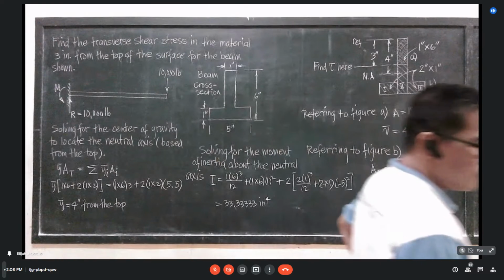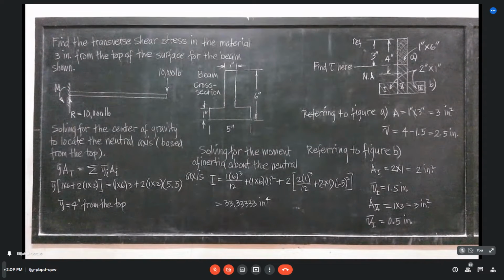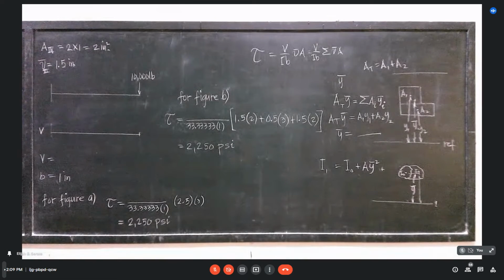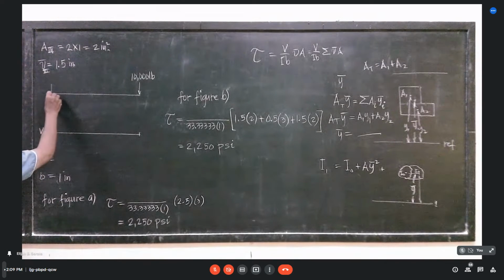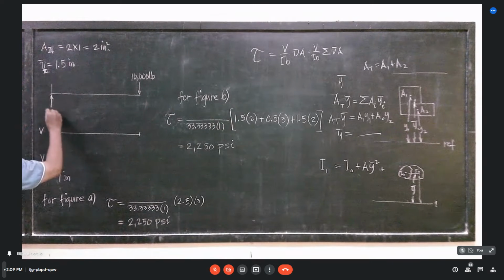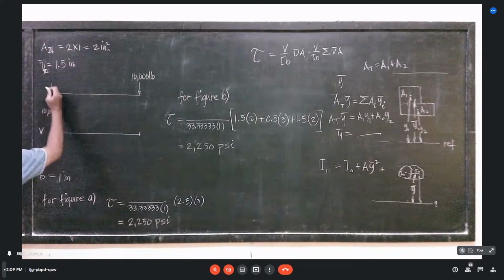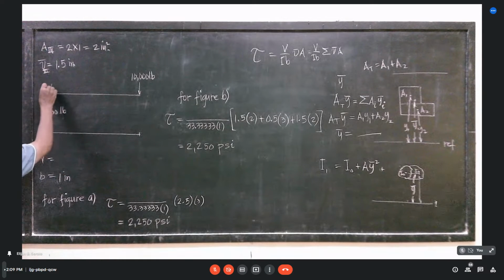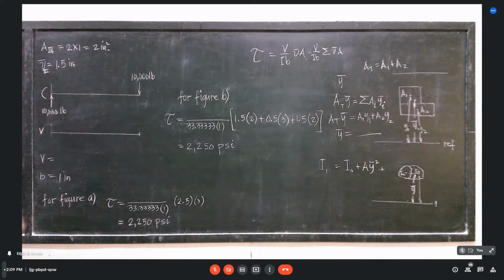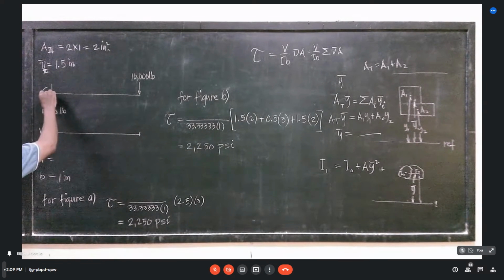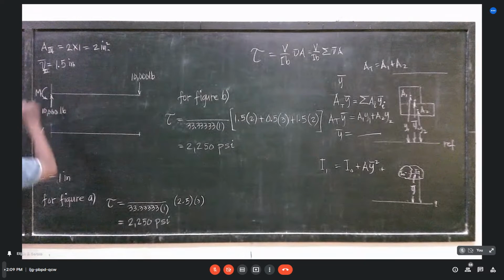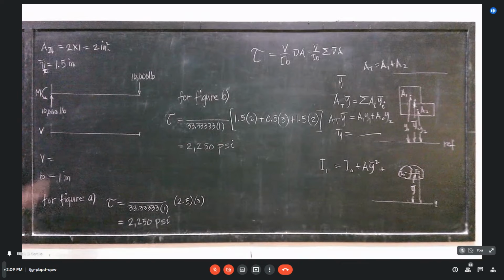Unsa may shear diagram ana? How do we draw the shear diagram of this?